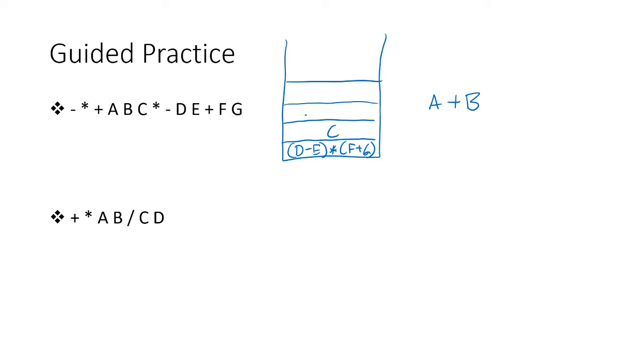I'm not illustrating every step, but if you watch the previous video and understand how postfix to infix works, you understand what I'm doing right here. Now I push on the multiply. Let's pop that off. Pop off the first operand. Pop off the second operand, and push that back on.